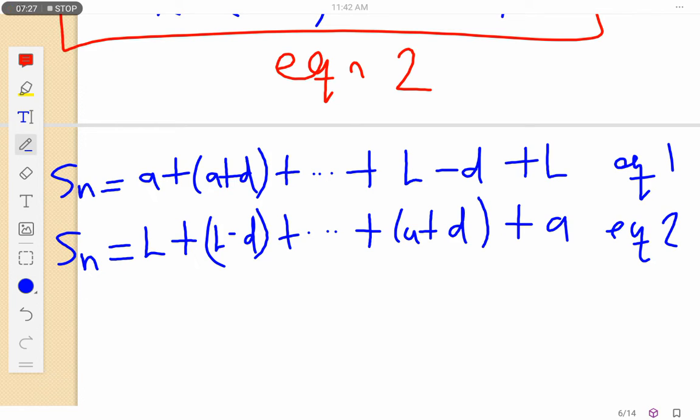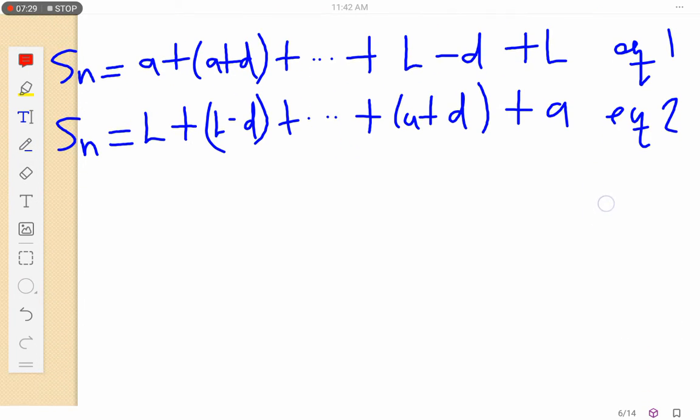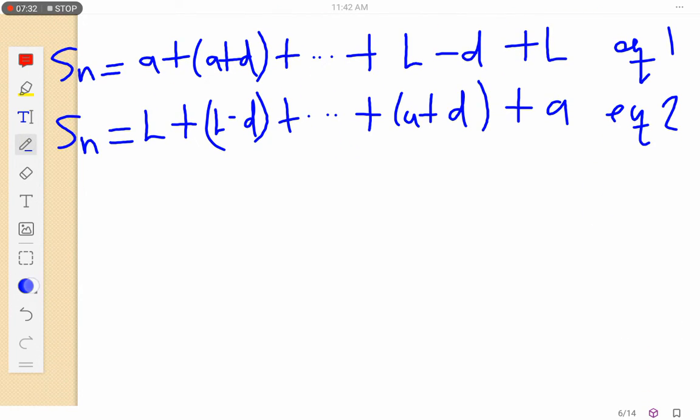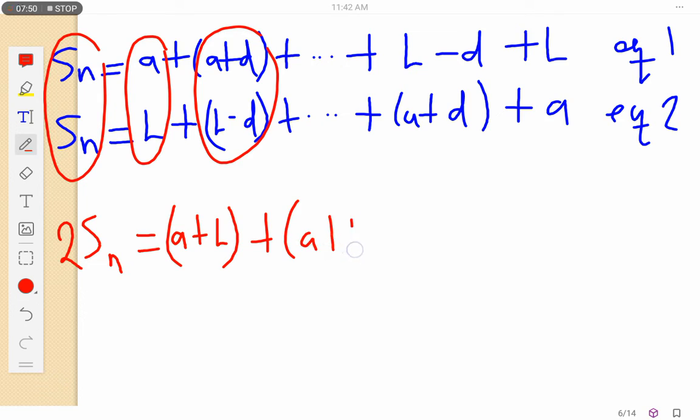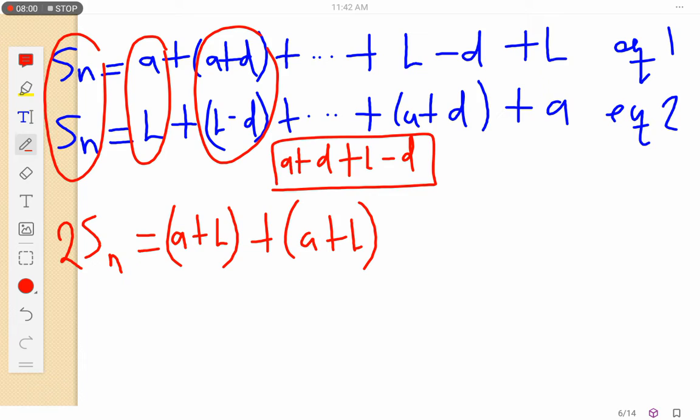So I want to add them together. Now adding them together, if I add these two, I'll have 2Sn is equals to, then if I add these ones together, I'll have a plus L. Then plus these ones, I'll have a plus L. Then a plus d plus L minus d, you will get this one.